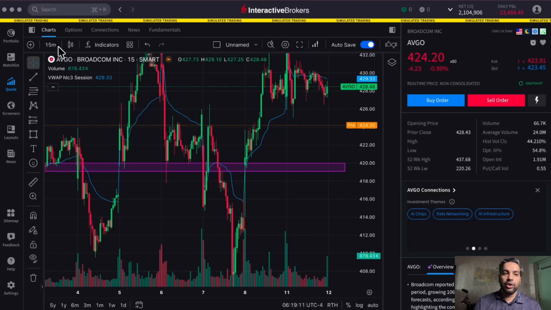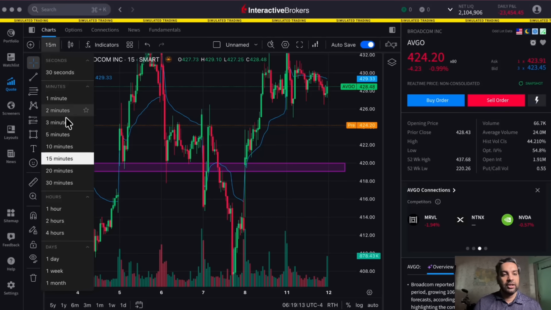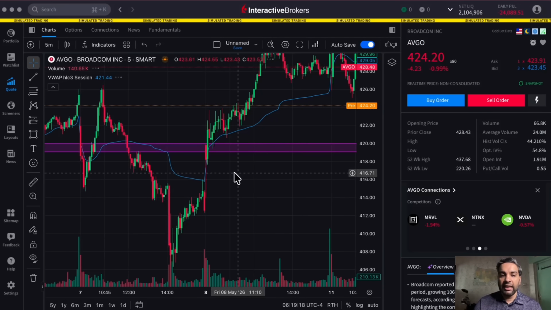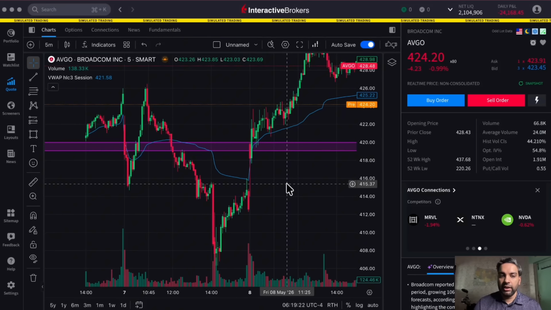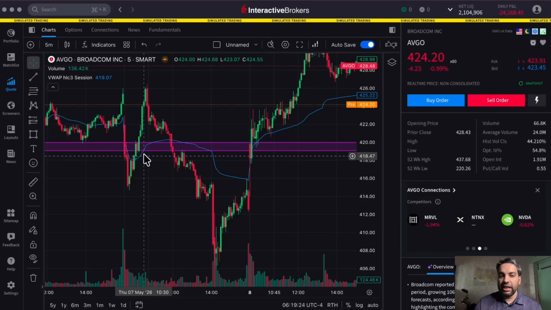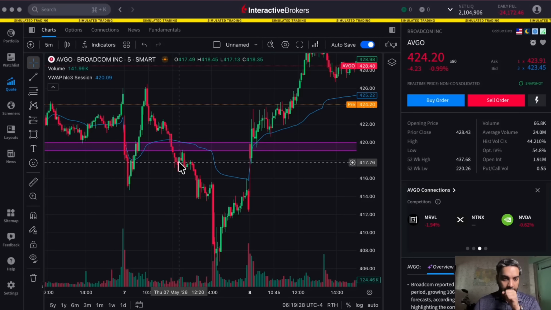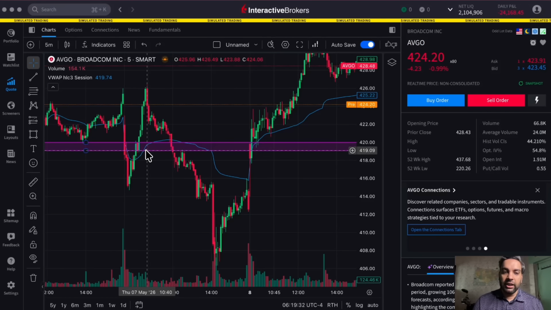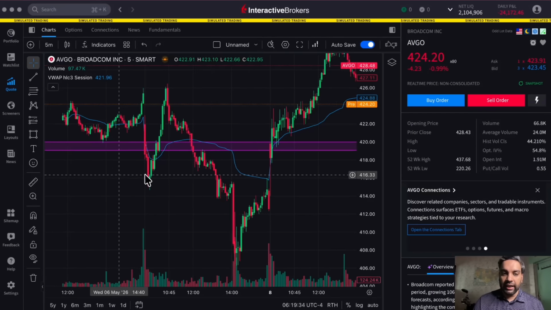A second source of my validation for this would be I would come to a smaller time frame and then see, okay, I do see that there is price action over here. Again, I do see price action here, definitely not to the T. This one's a little bit to the T. And these ones not to the T, but we do see a rejection here again.